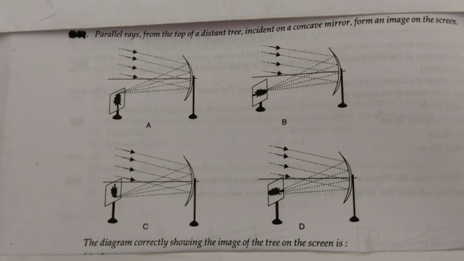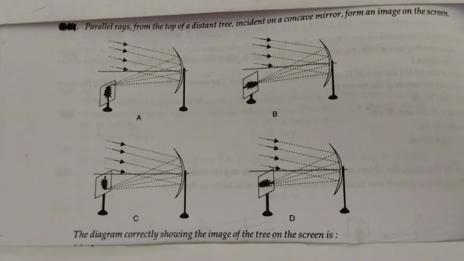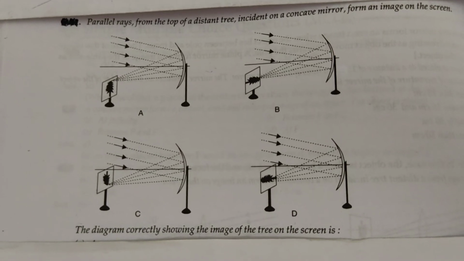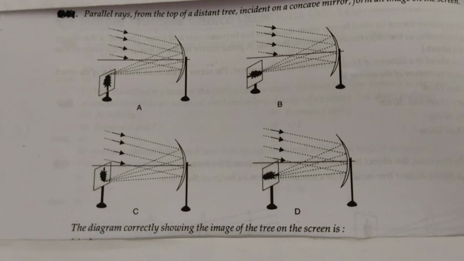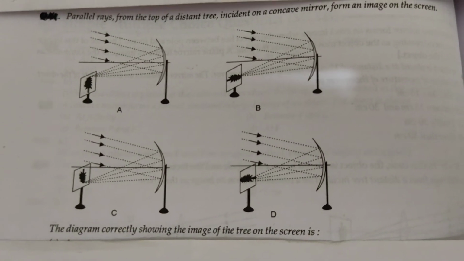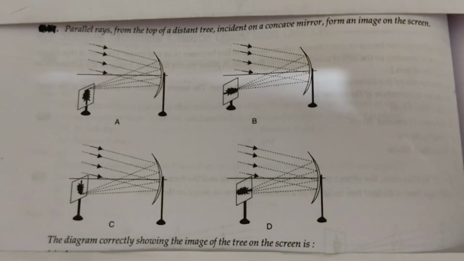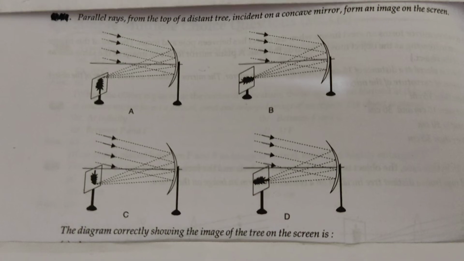Now the next MCQ is, parallel rays from the top of a distant tree incident on a concave mirror form an image on the screen. So here they have shown a concave mirror, and from the top of a distant tree, parallel rays are coming and incident on the concave mirror. We know that such rays meet at a point on the focal plane.